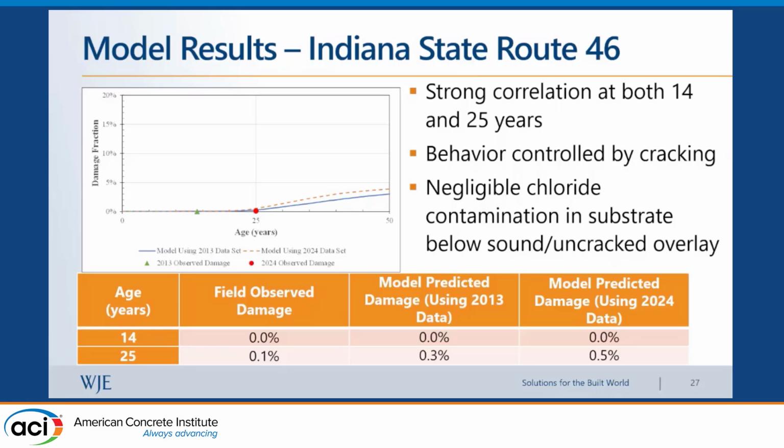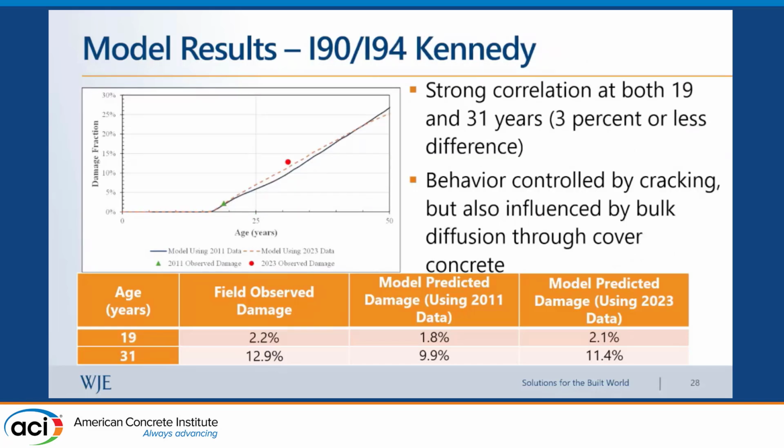But overall, those are very low values, and maybe it's not a good validation, so we wanted to see, if we have a bigger percentage of damage, how accurate are the modeling results? We have that opportunity with the I-90 bridges because those bridges were in worse condition. When we did the investigation in 2023, those bridges were due for overlay and installation.